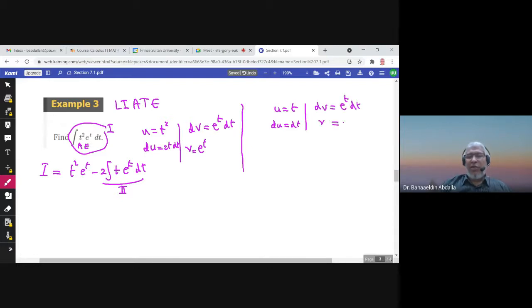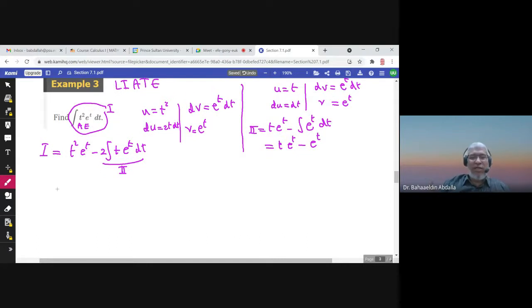Take the integral, so you will have this one, and then double I, which is this integral without the negative 2, equals uv, which is t e^t, minus the integral of v du, which is the integral of e^t dt. And you notice now that the t has gone, and now we can integrate e^t easily. The integral of e^t is e^t actually.